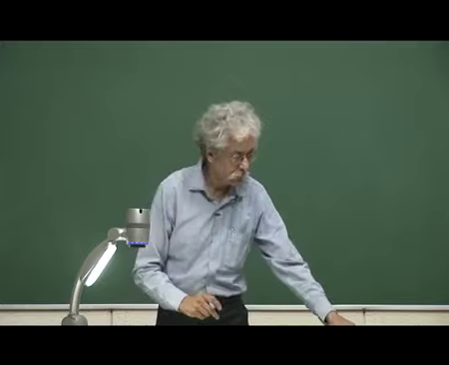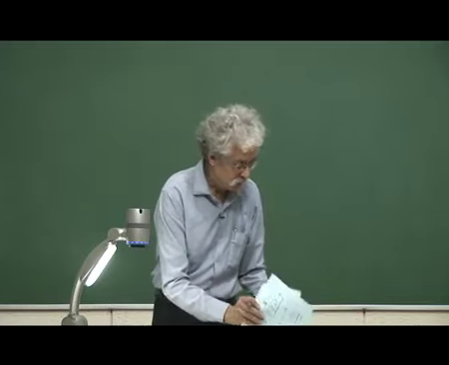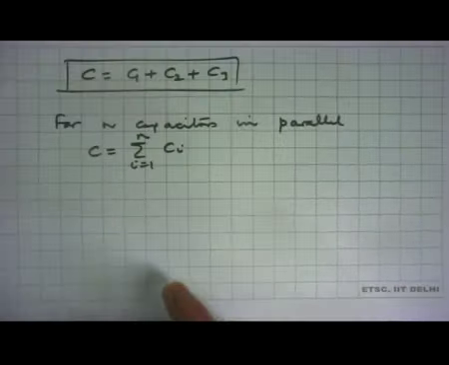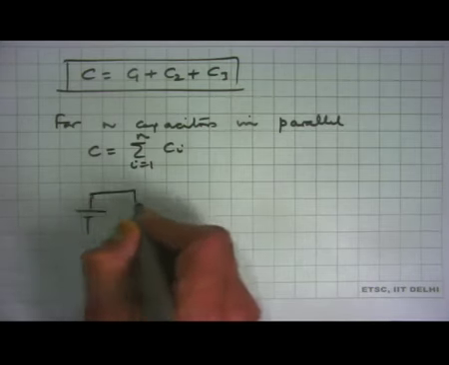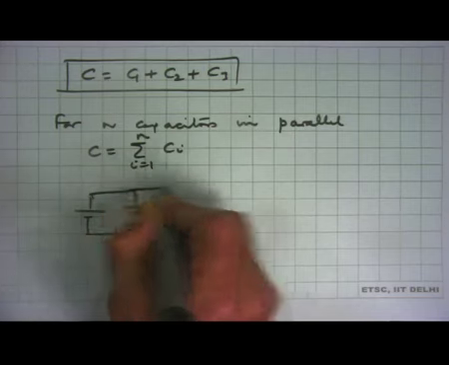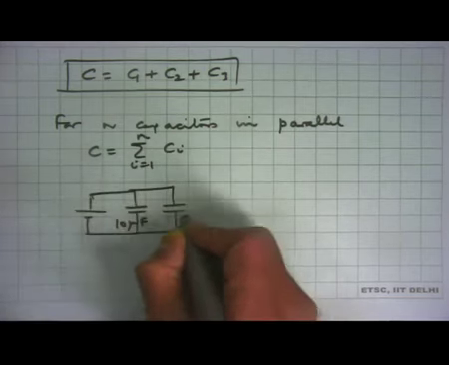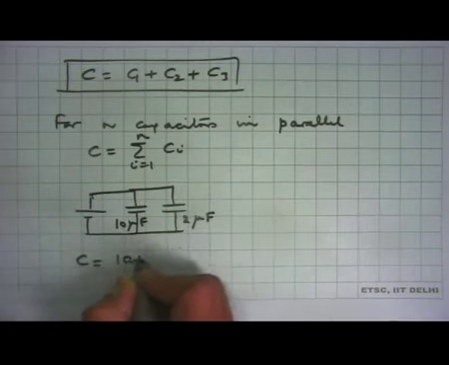So, if in the earlier example I had taken two capacitors of capacitances 10 microfarads and 2 microfarads, and I were to connect them now in parallel, so this is 10 microfarad and this is 2 microfarad, the total capacitance C is equal to 10 plus 2.